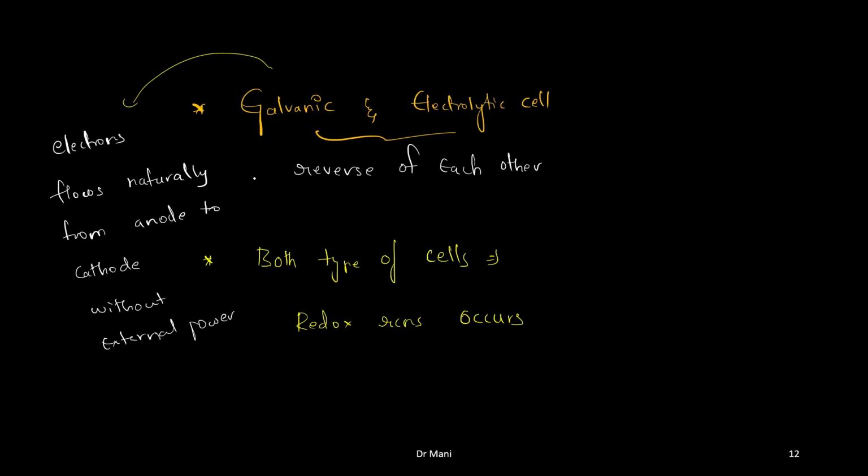That's the galvanic cell. And if we talk about the electrolytic cell, it converts electrical energy into chemical energy through a non-spontaneous reaction. And it has a positive anode and negative cathode. Remember here.